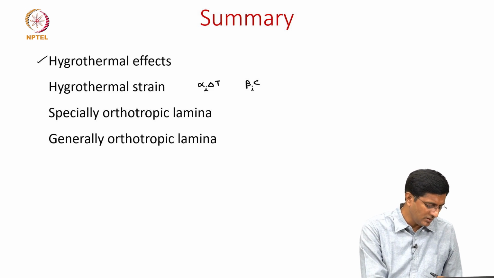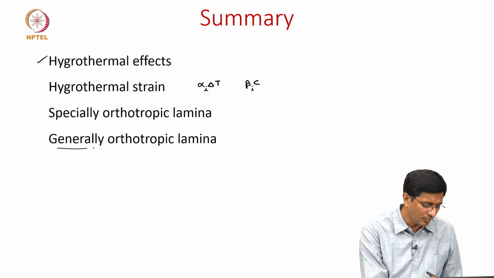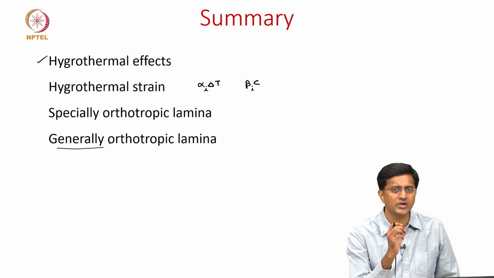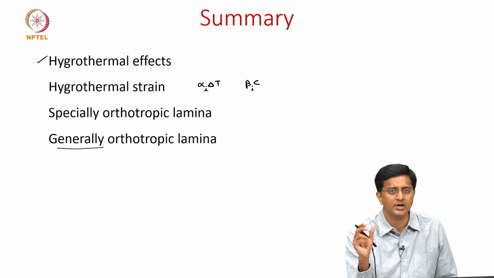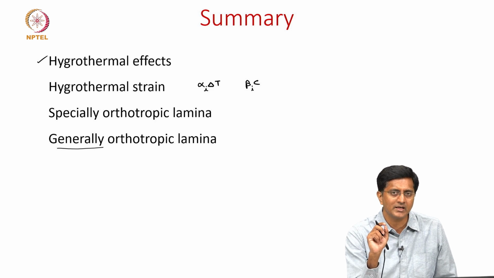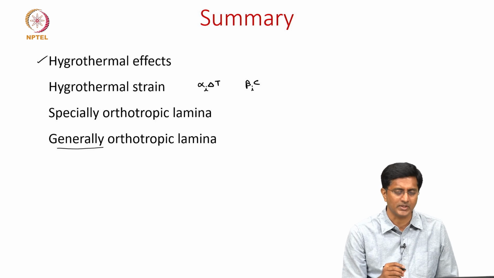And lastly, we said we can also extend the same derivation to generally orthotropic materials. The only difference is we have replaced the compliance matrix with the transformed compliance matrix, and we also have taken care that the CTEs and CHEs are now written in terms of the body coordinate system XY.